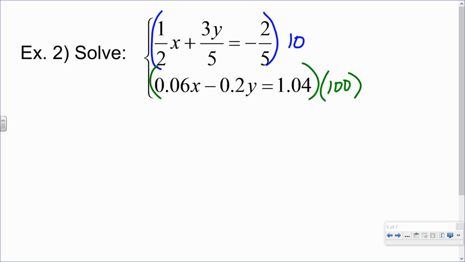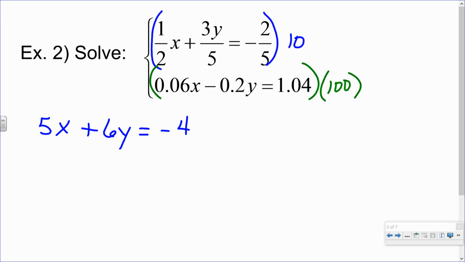So we've got 2 decimals here, 1 for the y term and 2 decimals for the constant. The most is 2, so if we multiply by 100, we move those decimals 2 places and get rid of all of those. So let's see, that gives us 5x plus 6y equals negative 4. And you guys check me. Don't let me make an arithmetic mistake as I get those up here.